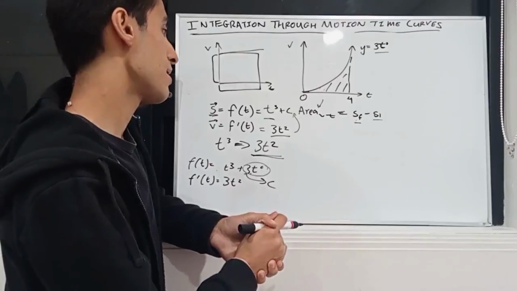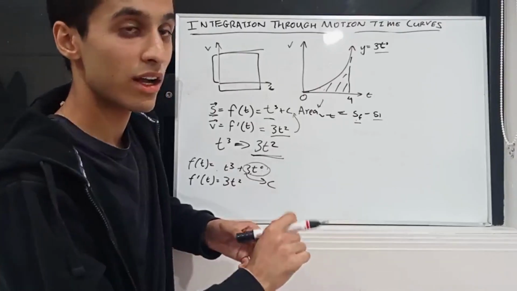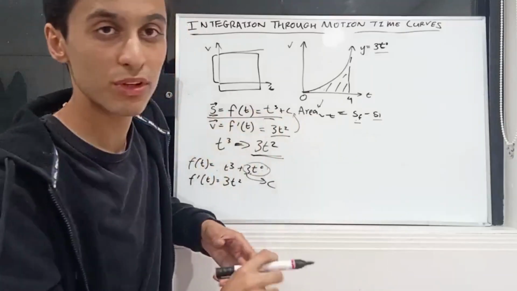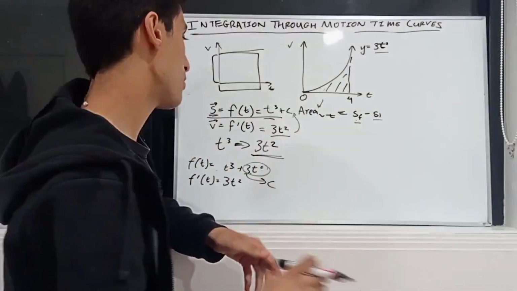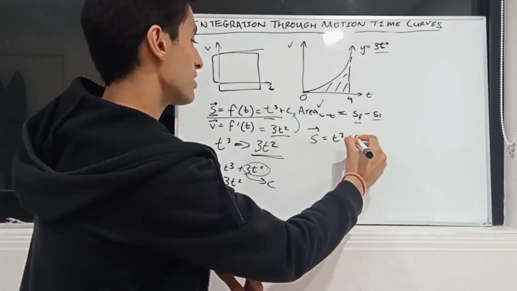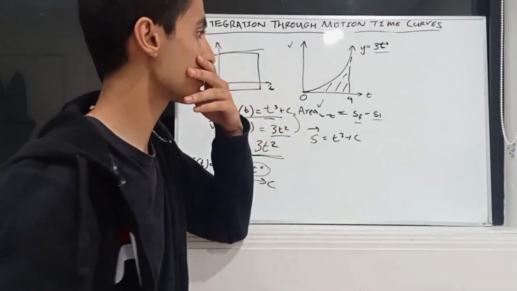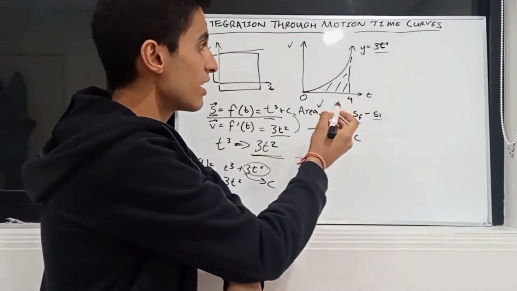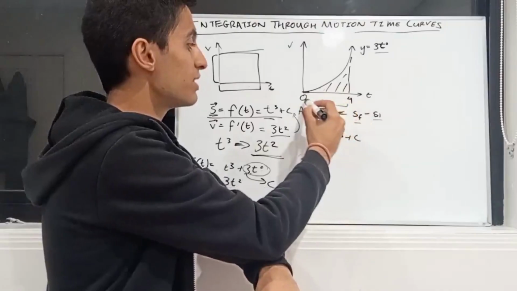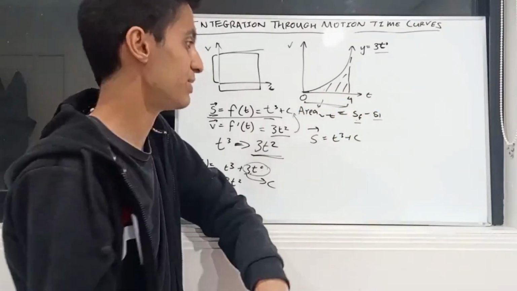Okay, so now we've got the function for the displacement, which is t cubed plus c. Now we're given the task of finding the change in displacement between 0 and 4.